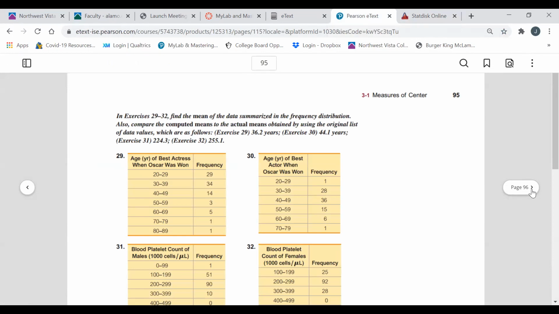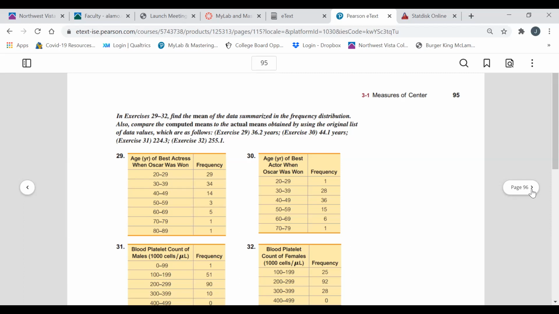All right, so when you write the table, I want you to leave a little space next to the table because you're going to add on to the table. Okay, so let me write down the table. I'm going to do 29, page 95. Page 95, number 29. Okay, so you have the age. This looks familiar, right?